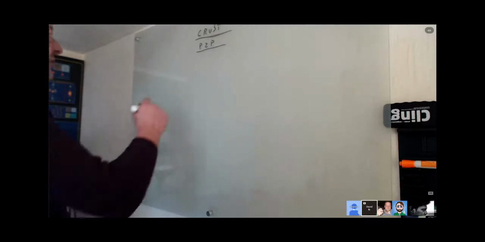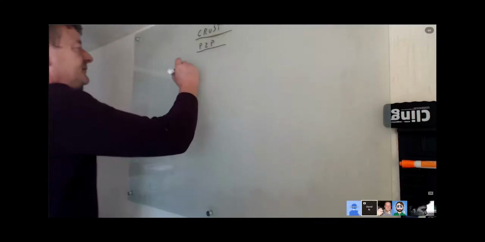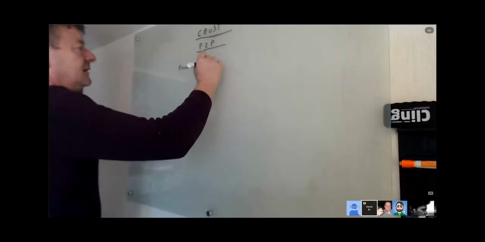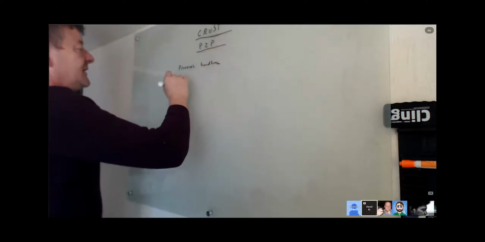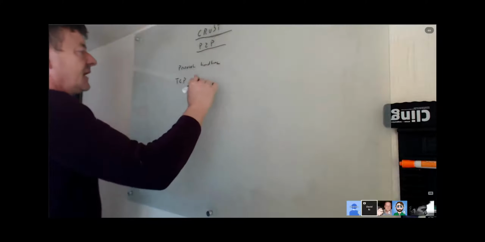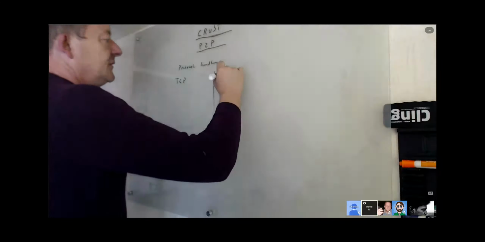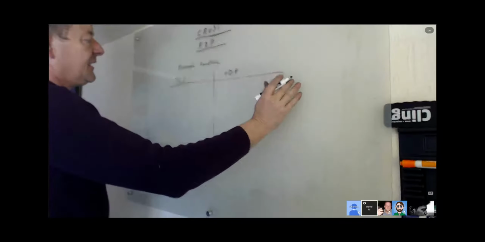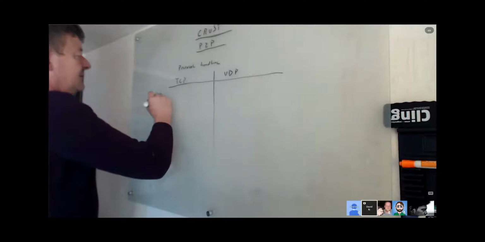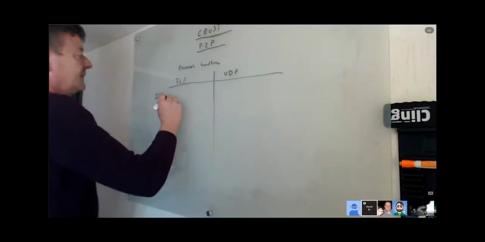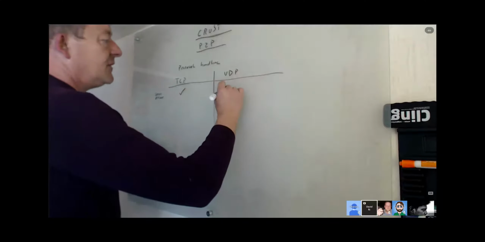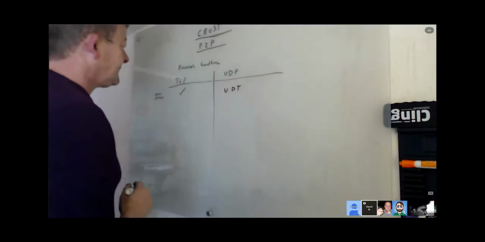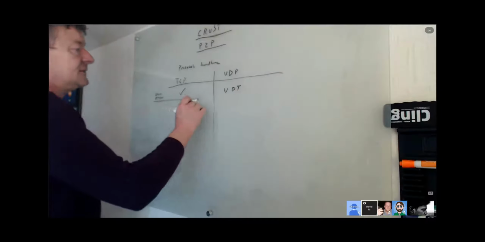So in terms of protocol handling, we've got TCP and we've got UDP. So we need to make it connection oriented. TCP is okay, and we switch to UDP for that.